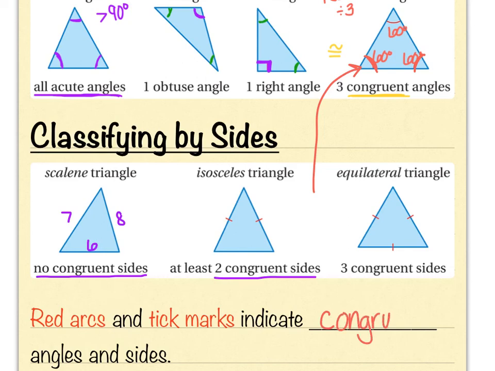So it shows you which ones are equal. In an isosceles triangle, these two sides are the exact same. And then an equilateral triangle has all three sides being equal. So again, scalene has no congruent sides, each side is different. An isosceles triangle has two sides being the same. And an equilateral triangle has all three sides equal.